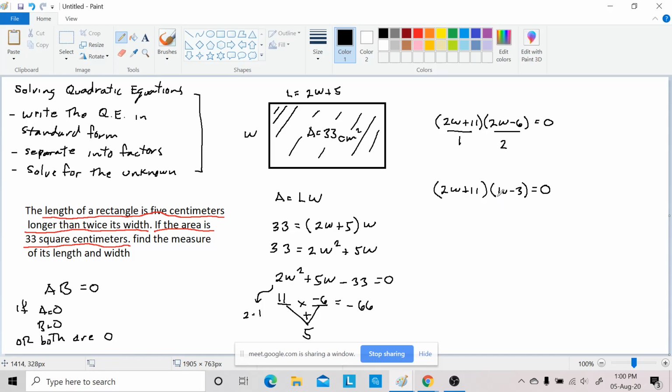Correct? So we can now say that this is possible if 2w plus 11 is equal to 0, or w minus 3 is equal to 0.